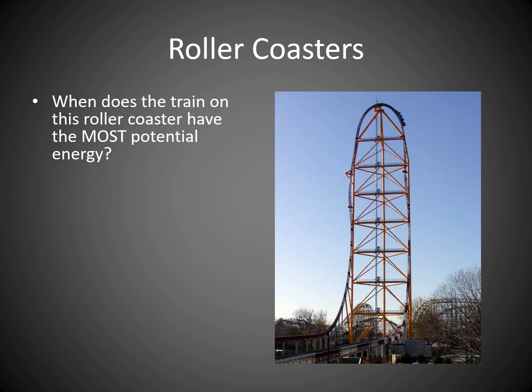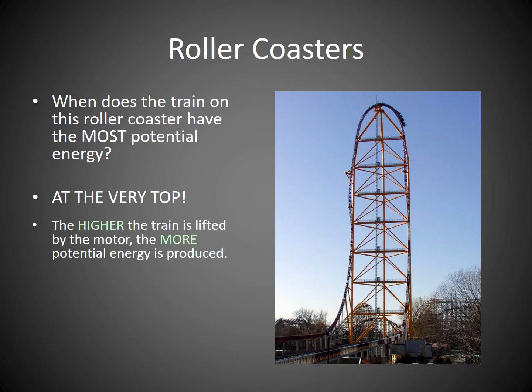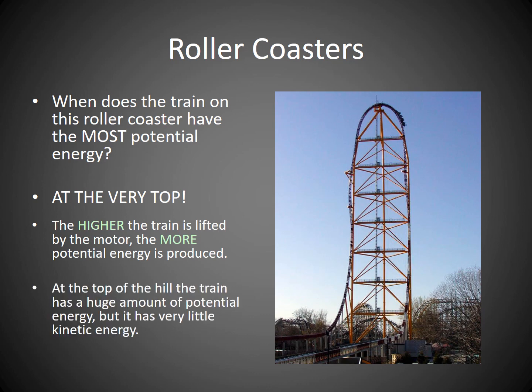So when does it have its greatest potential energy? When it gets to the top of the very first hill, that highest hill. So the higher the train is lifted by the motor, the more potential energy is produced. At the top of the hill, the train has a huge amount of potential energy, but very little kinetic.